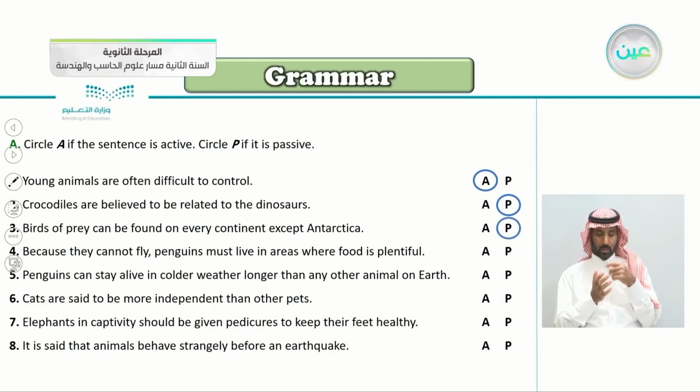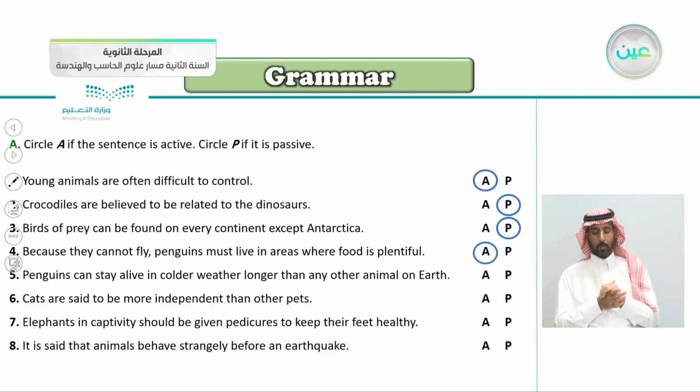Number 4, because they cannot fly, penguins must live in areas where food is plentiful. So is this active or passive here? So number 4 is active. Very good.